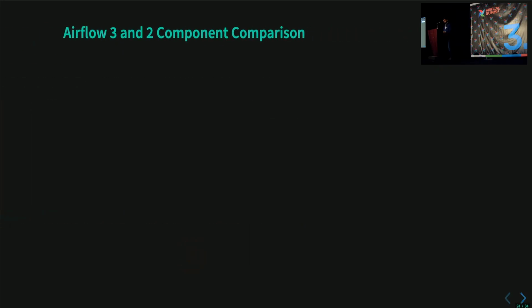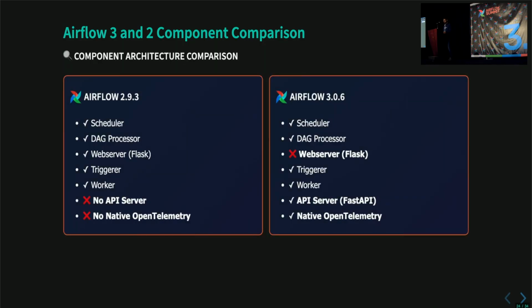So what should we do next? We should do the component comparison. In the component comparison, what we find is that Airflow 2 doesn't have anything called API server, doesn't have any OpenTelemetry support, and Airflow 3 doesn't have anything called web server. We were familiar with this thing forever.